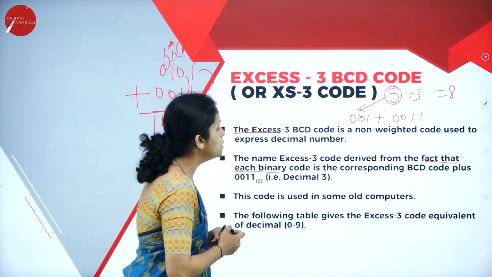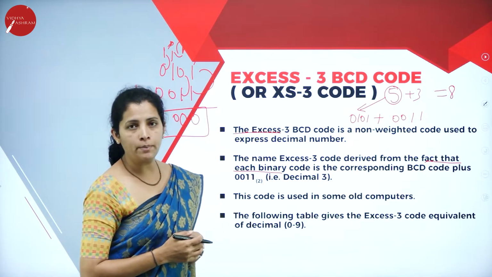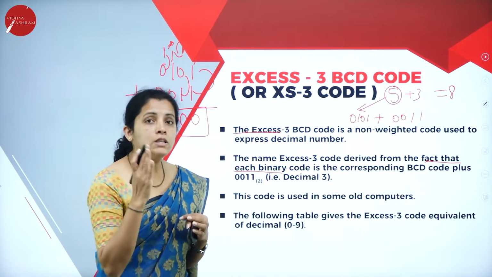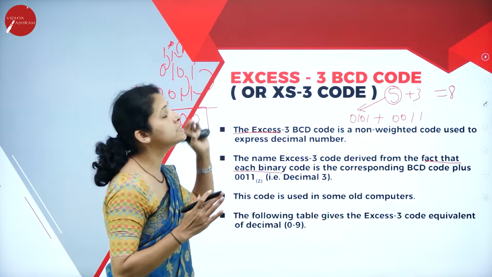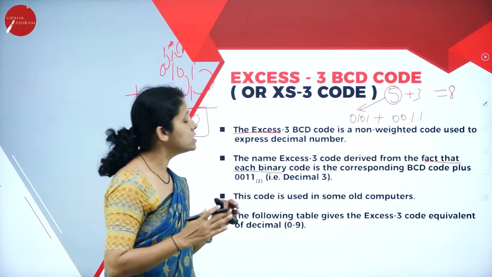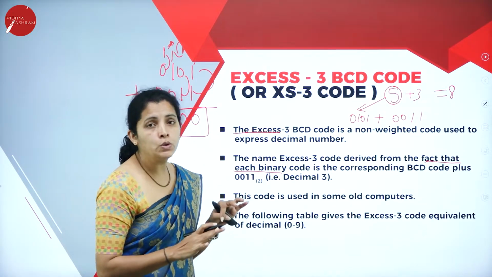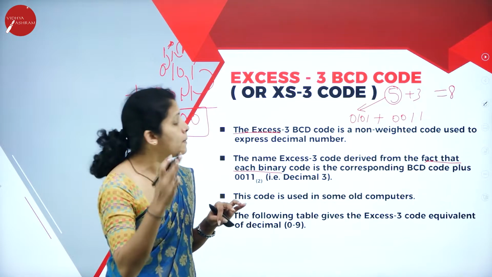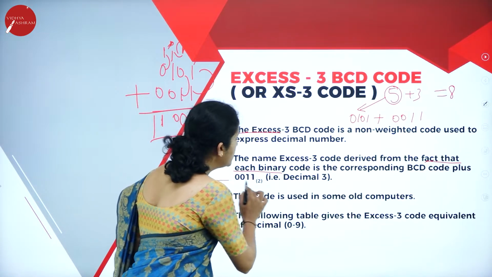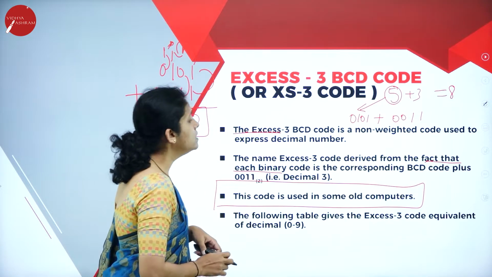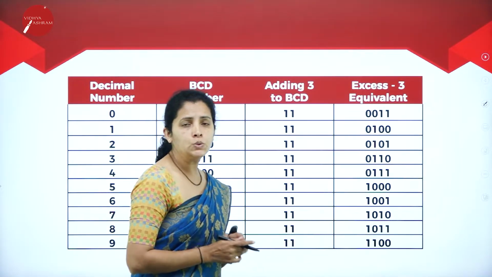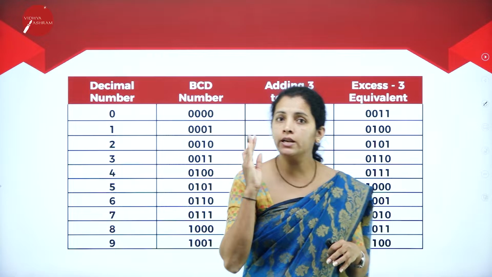This code is used in some old computers. Now the question arises where we can use Xs3 codes, because nowadays we are not going to use them, but these codes are used by some old computers, and the following table gives the complete information about the Xs3 codes.